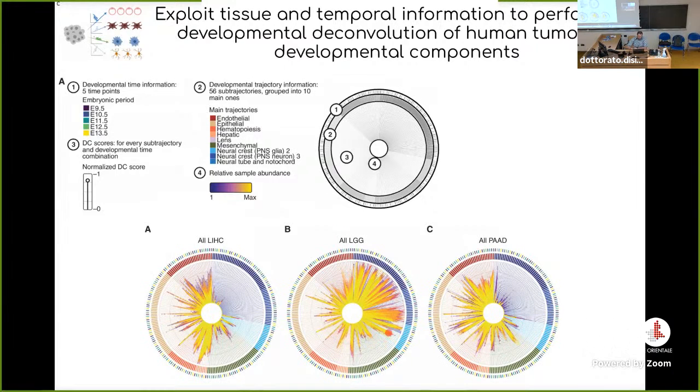Conversely, LGG has this component deriving from the neural trajectories, which is way more represented than in liver samples and pancreatic samples. Pancreatic samples, on the other hand, have a higher amount of signal in correspondence of the epithelial-derived trajectories.